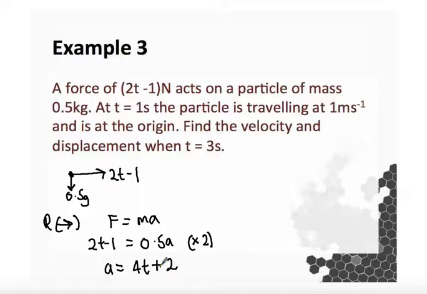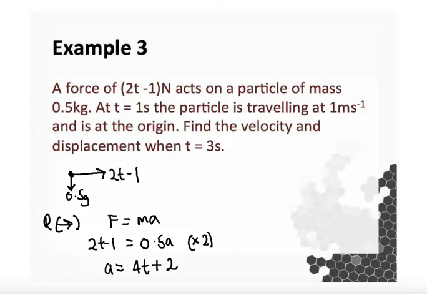And so now from this point onwards, we continue the question as we had done previously. So let's continue on and find the velocity and displacement when t equals 3 seconds. So at this point, we know that a equals 4t plus 2. If we go back to the information in the question, sorry, this shouldn't be a plus, let's get rid of this and change it to a minus.